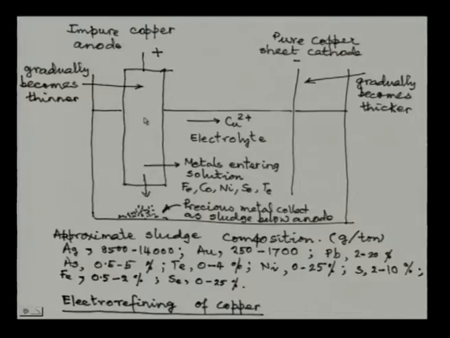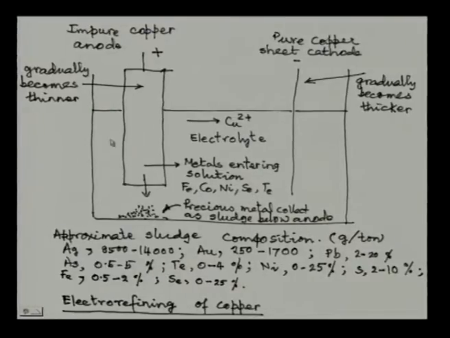Now, what happens when copper is coming from here to here? What happens to the impurities that are within this? Now, there are two things that can happen. There are some metals here which enter the solution because they can dissolve in the solution, like impurities such as iron, cobalt, nickel, selenium, tellurium.